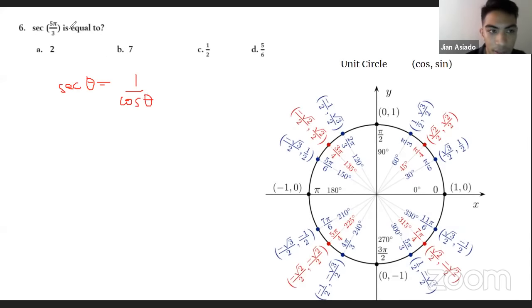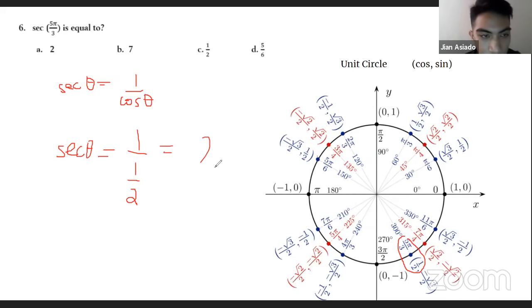What is cosine of 5 pi over 3? Let's look at our cheat sheet: cosine is 1/2. So 1 over 1/2 is equal to 2. Therefore, it's letter A.